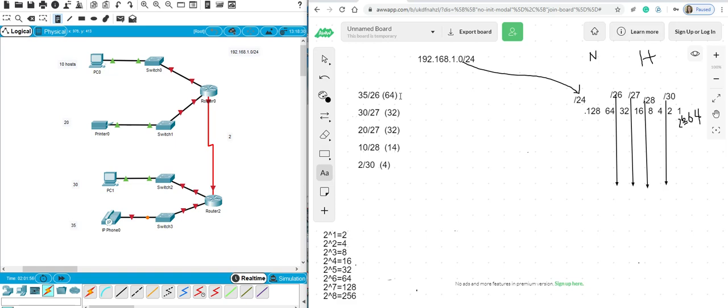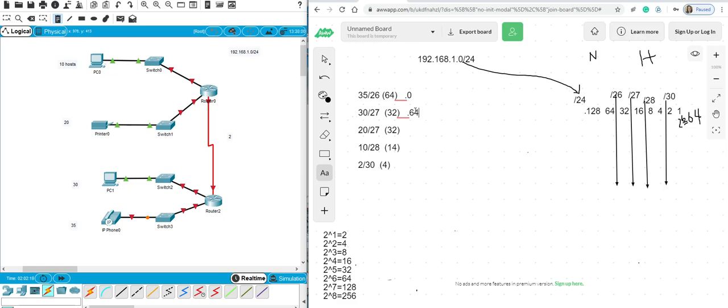So it makes it a lot easier. So we know we started off with a .0. So .0 we know is going to be our first number. So all you have to do is do the math on it. What is 0 plus 64? 0 plus 64 is 64, right? So that's the next network number.